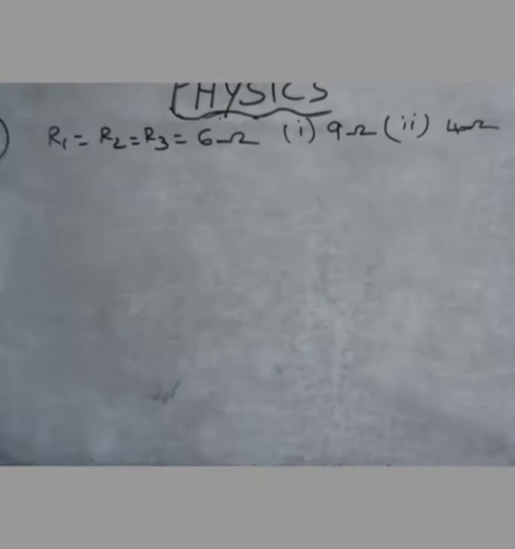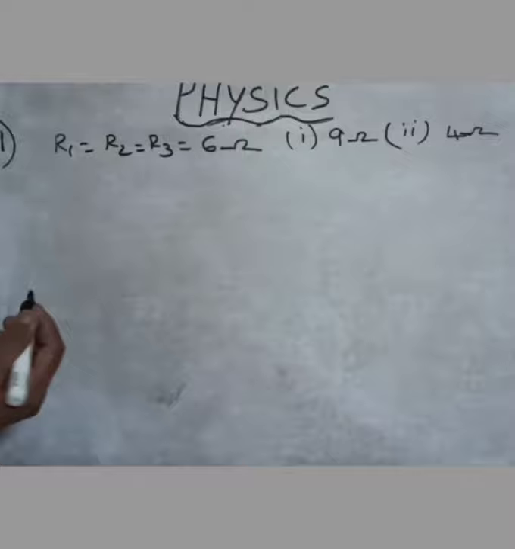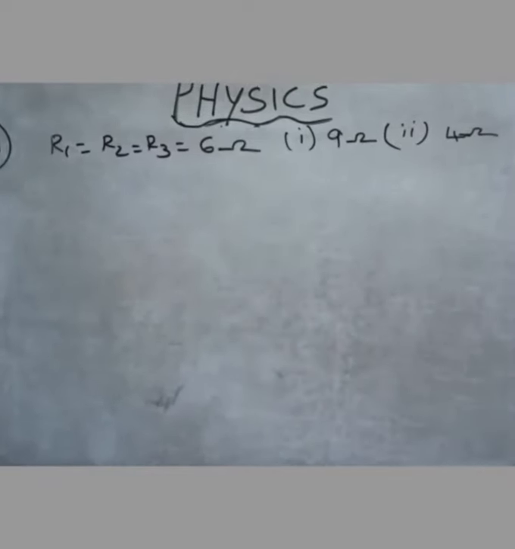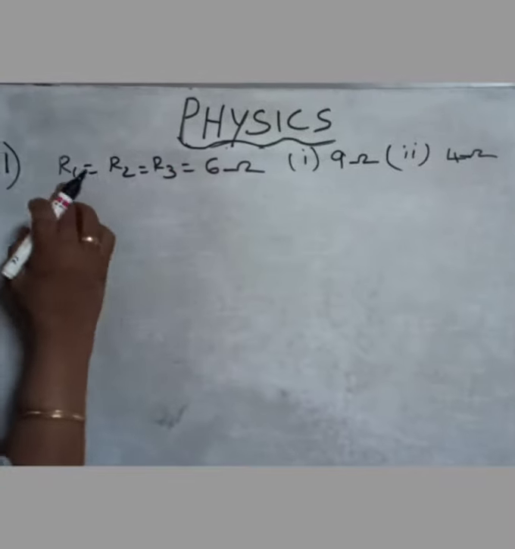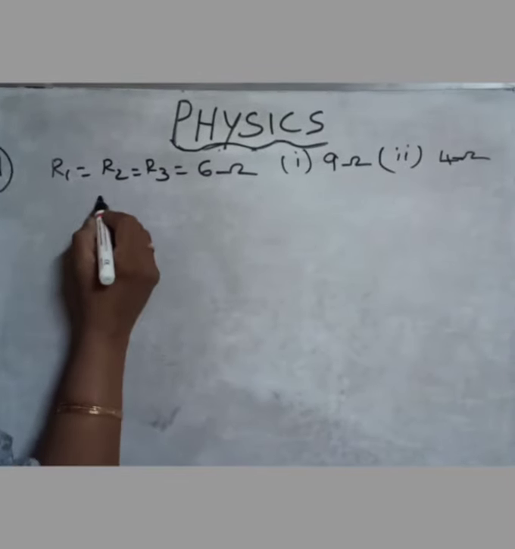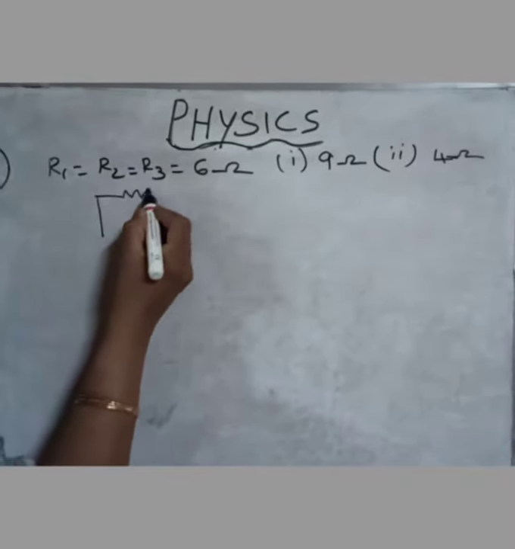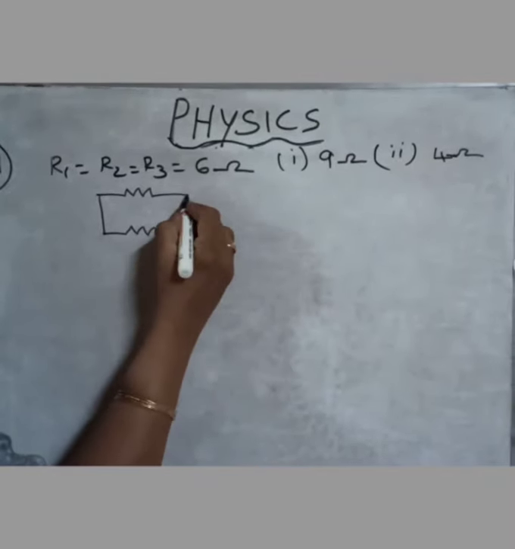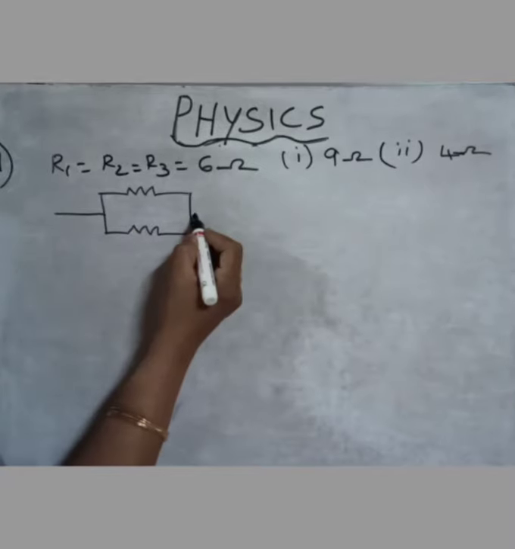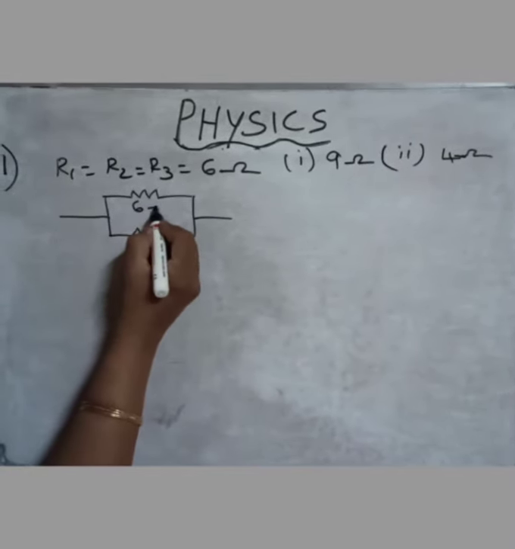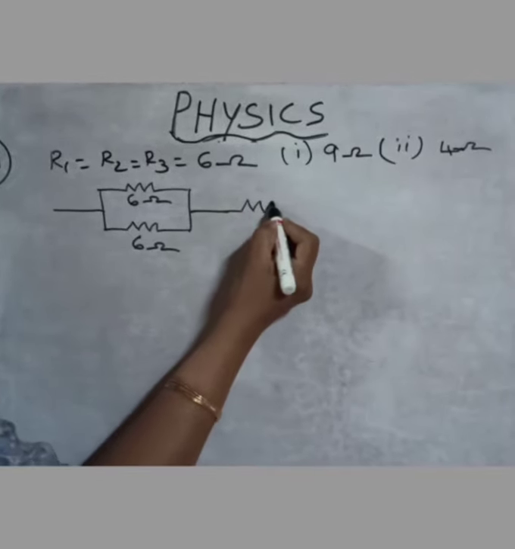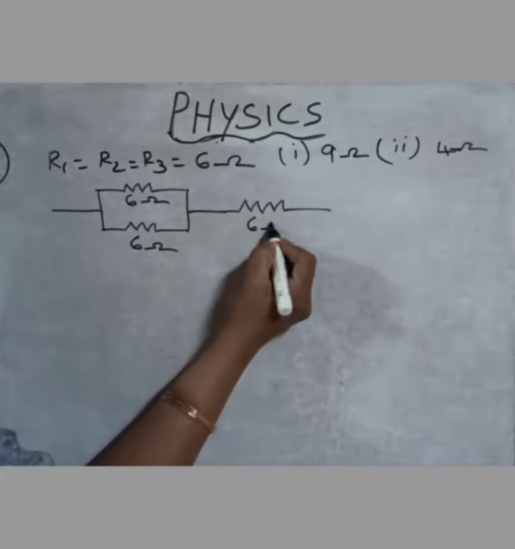So first, all the resistors are equal. We can connect the first 2 resistors in parallel, 6 ohm, 6 ohm. Then you can connect 1 more 6 ohm here.